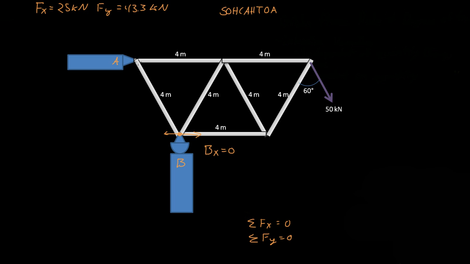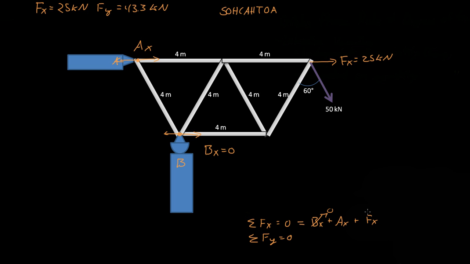What about A? A does provide something, but we don't know what it is. So Ax does provide some force either that way or that way. Fx is this way, and it was equal to 25 kilonewtons. So the summation of the forces in the x direction is equal to Bx plus Ax plus Fx, and this is 0.